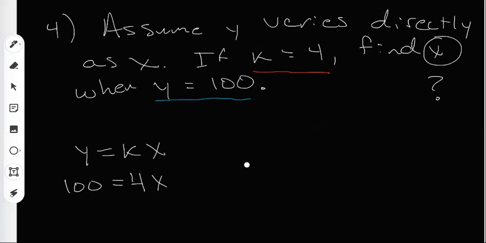Now, if we're trying to get x by itself, I can divide both sides by 4 to get rid of it. So 100 divided by 4 is going to give me 25. That's my answer. And the 4's cancel out in that step. So they're giving us the information and they're telling us to find the missing variable.